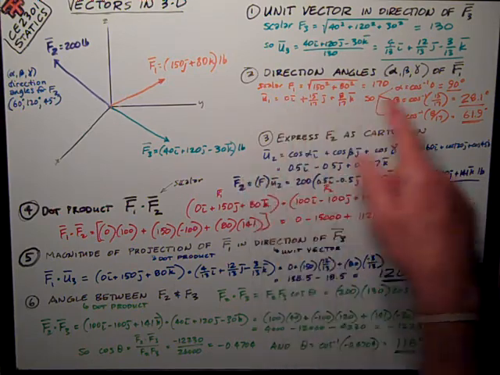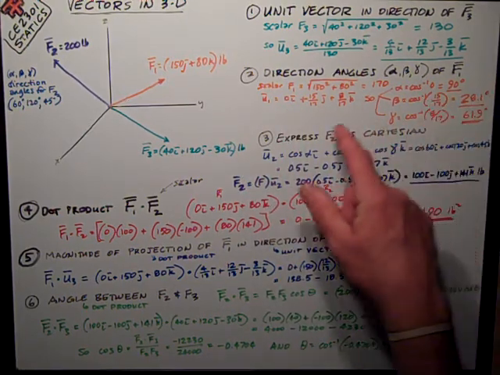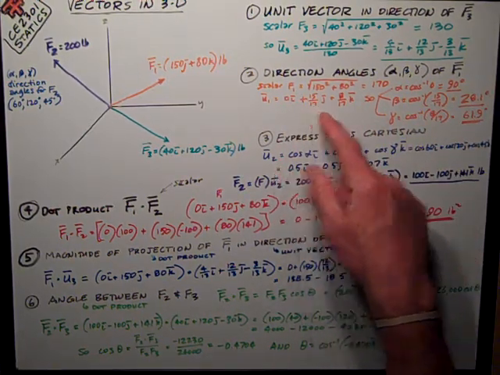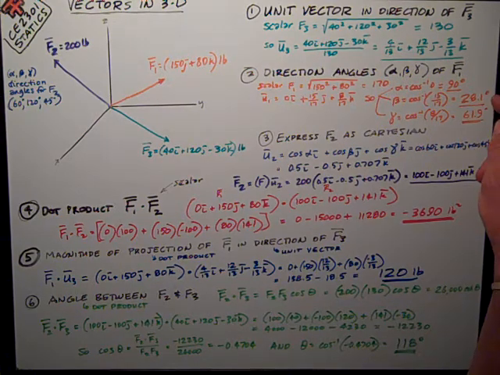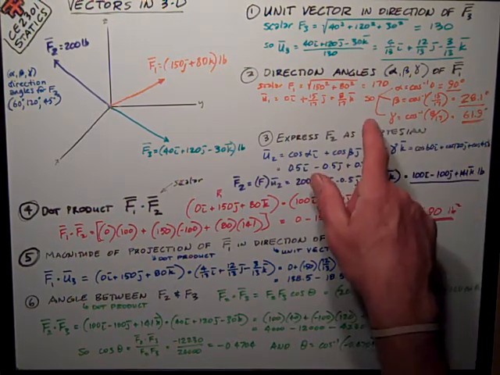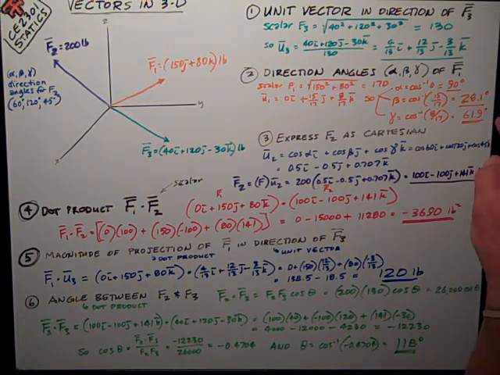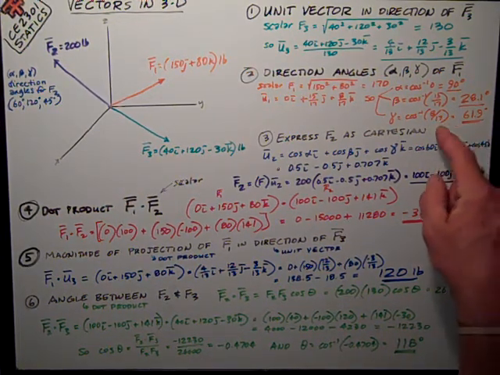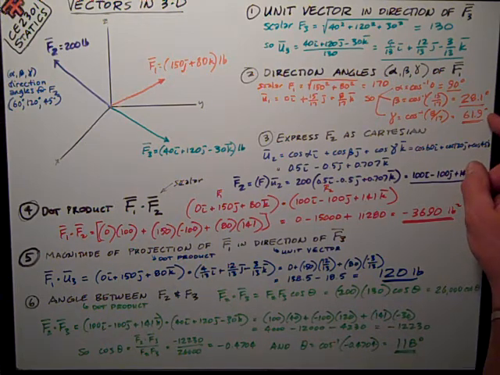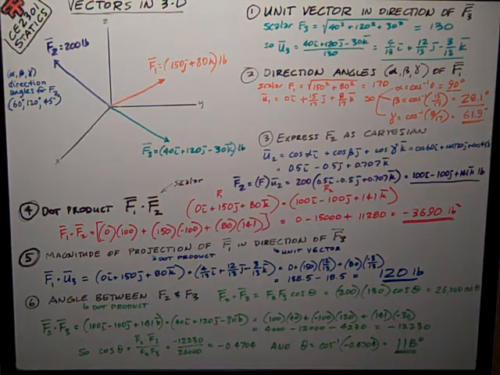The inverse cosine of 0 is 90 degrees. It gives me alpha. Inverse cosine of 15/17 is 28.1 degrees. Gamma is the inverse cosine of 8/17, 61.9 degrees. That's the answer to number 2.